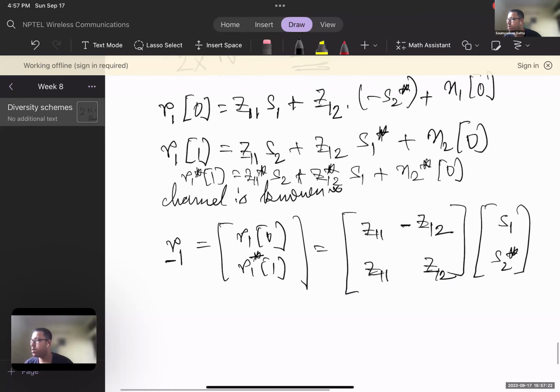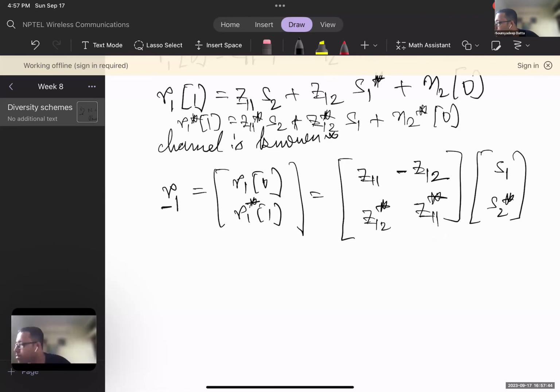This kind of orthogonality is there in this matrix. I'll show it in a quick step. Plus there is this noise vector.